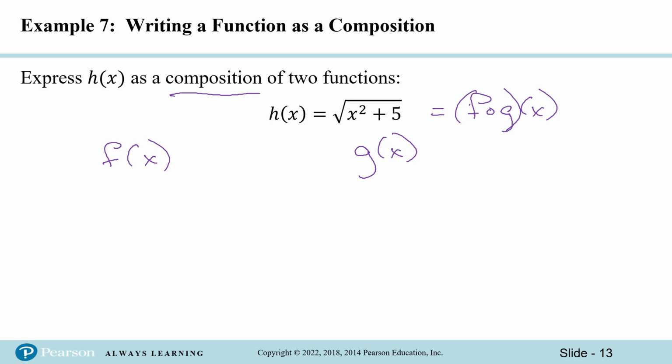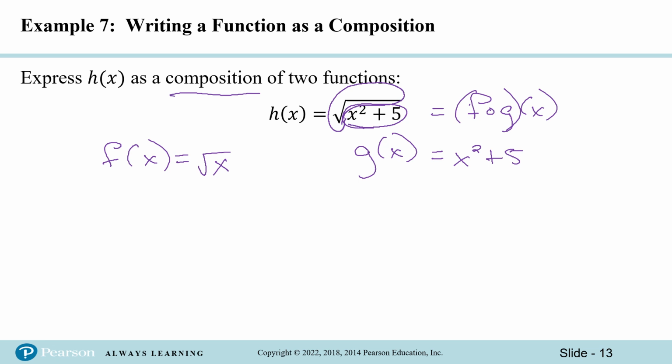So you can either start on the inside or you can start on the outside, whatever works for you. So I'm looking at the outside here. The outside is a square root. So I'm going to make my f function the square root of x. And then for my inside function, I'm looking at the inside. My inside is x squared plus 5.